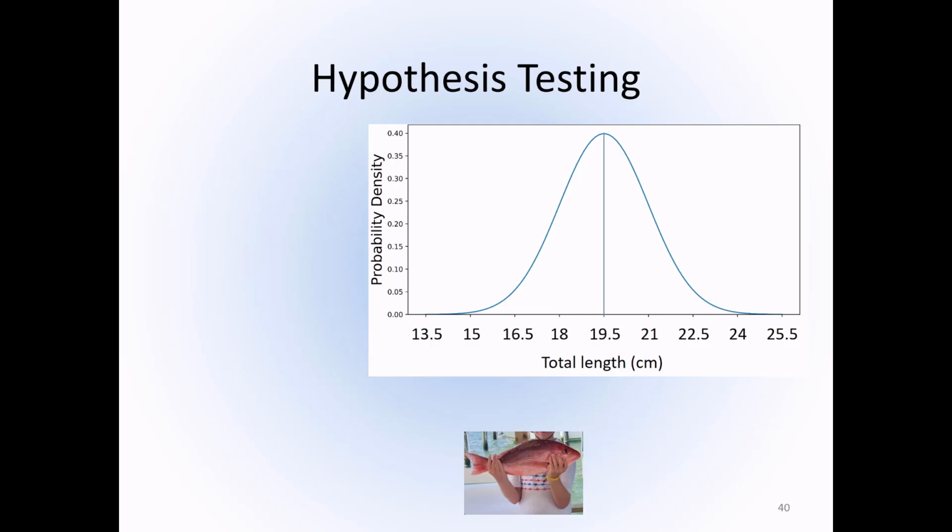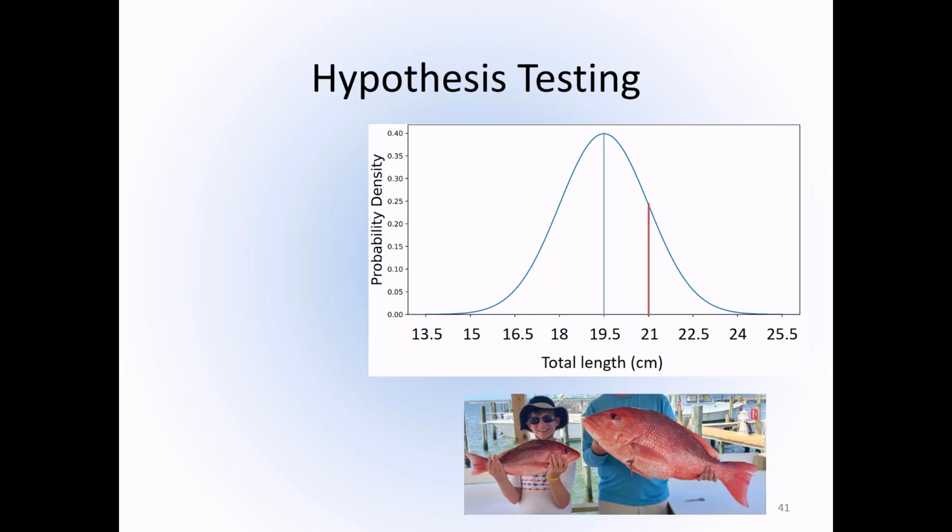So if we look at our probability distribution for our red snapper here, we've got our published mean of 19.5 centimeters. Let's say we go out and collect our data and the mean of our fish is 21 centimeters. Well, this isn't so different from 19.5 centimeters. So we might say, it seems like they're bigger, but maybe they're not.